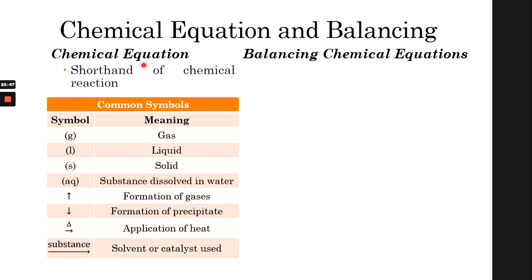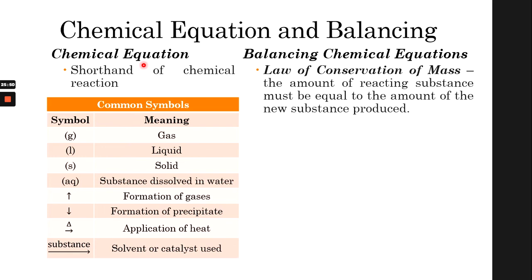Now let's talk about balancing chemical equations. In balancing chemical equations, one thing that you need to understand is the law of conservation of mass. When we talk about the law of conservation of mass, it means however amount I start with, I should have the same amount as my product. So the amount of my reactant should be equal to the amount of my product.